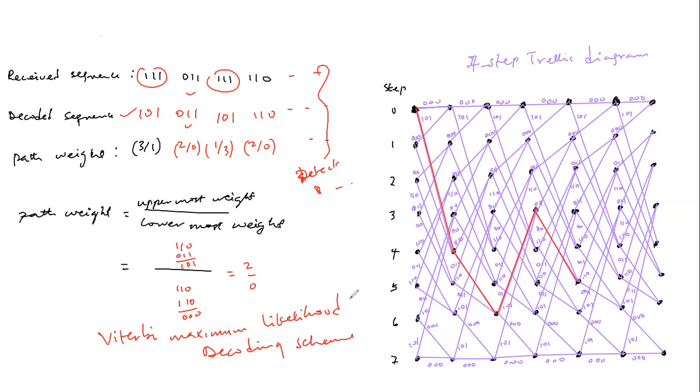Likelihood because the receiver chooses the a posteriori most likely message. In summary, convolutional codes are mostly used in correcting burst errors, not just single bits.